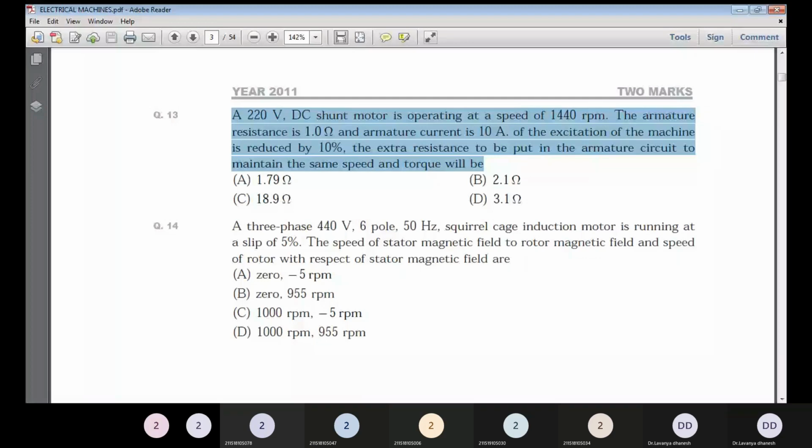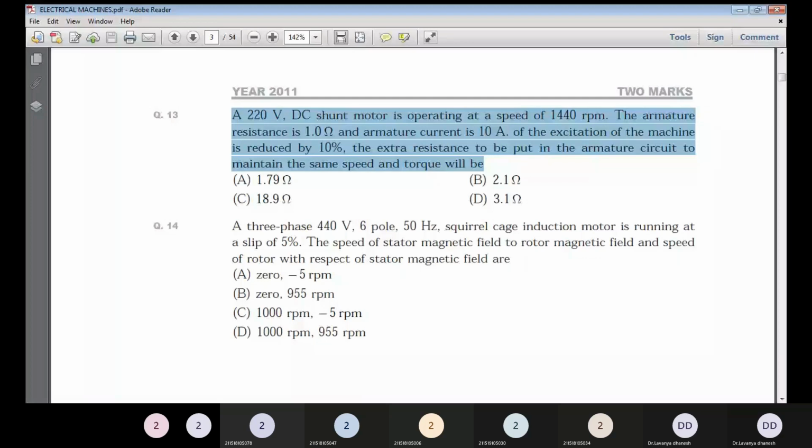Then armature current IA is given as 10 ampere.